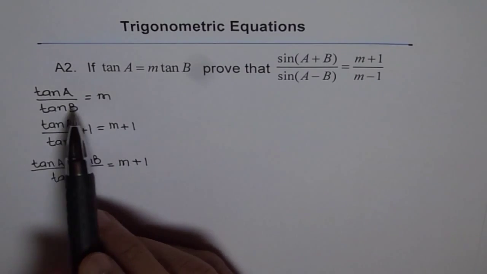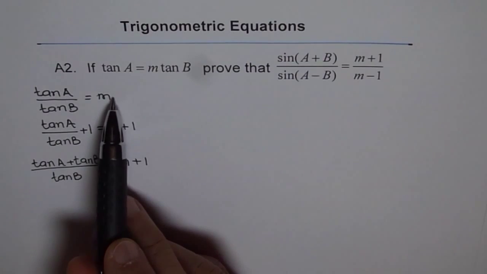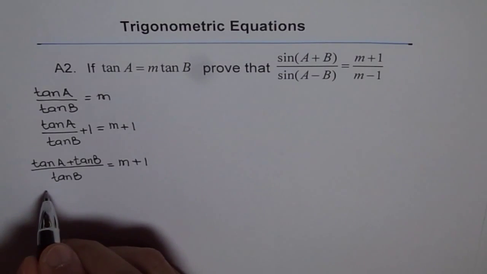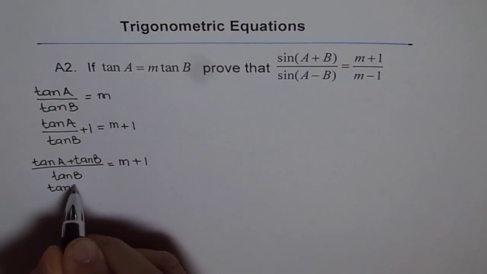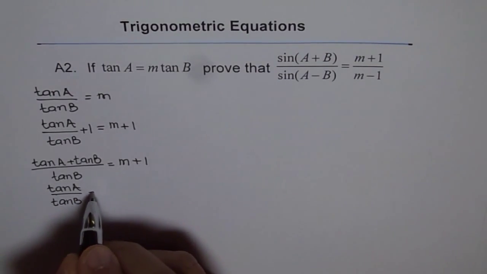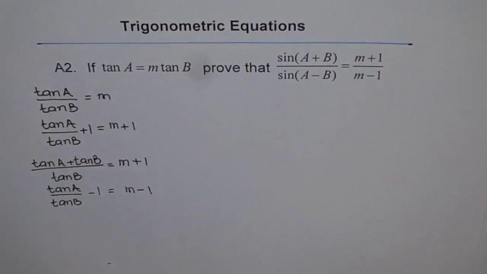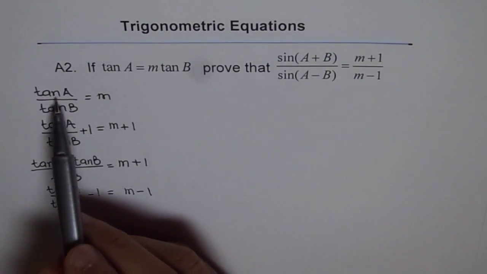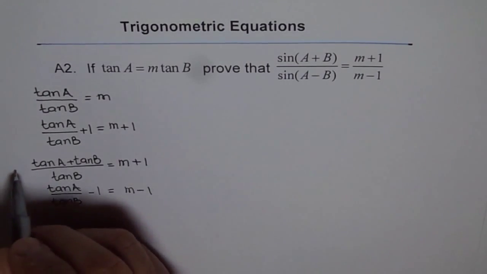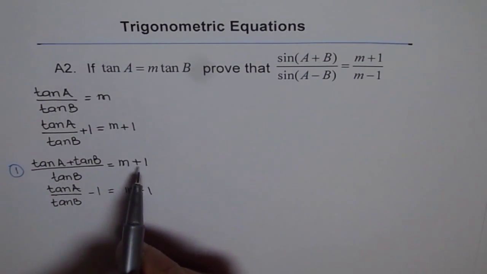Now I would like you to do the same operation, but this time for m minus 1, subtracting 1 on both sides. Let's do that. Then what do we get? We get tan A over tan B minus 1 equals m minus 1. So first we added 1 on both sides and got equation 1: tan A plus tan B divided by tan B equals m plus 1.